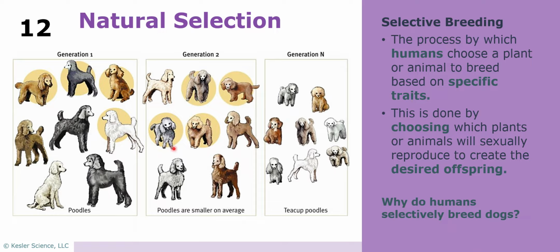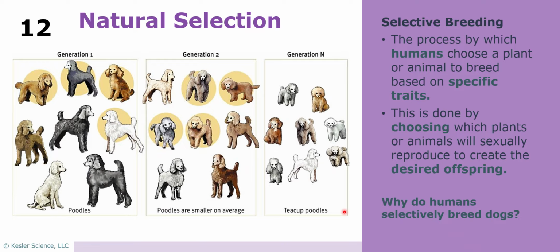And then they took the ones that seemed the smallest and perhaps had a cute little face or nice fluffy fur, and they bred those together. And in generation after generation, you end up with a teacup poodle, a small, cute little poodle with nice fluffy fur, and they only grow to be a certain size, and they're very, very small creatures.